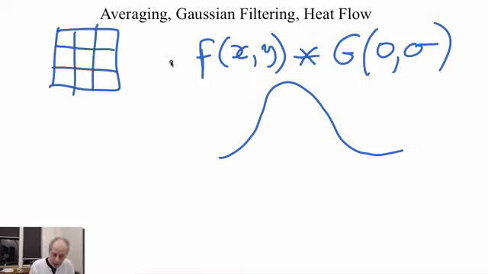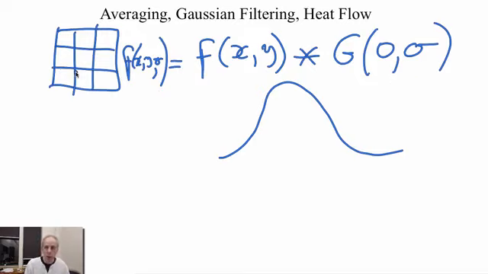That gives us another function which we're going to call I(x,y,sigma), because it depends on the variance of the Gaussian. We could actually take a regular average, but it's more elegant if I explain this with a Gaussian filter.